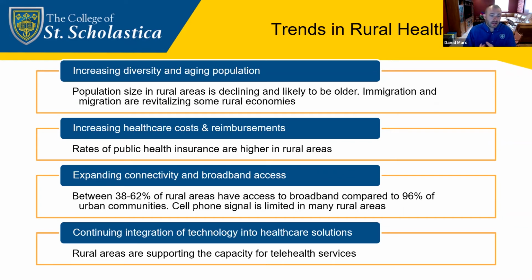This includes access to behavioral health and mental health services, for example. In rural areas, we are seeing more support for the capacity to build those telehealth services. However, the trend to leverage and use those services is still growing in those areas.